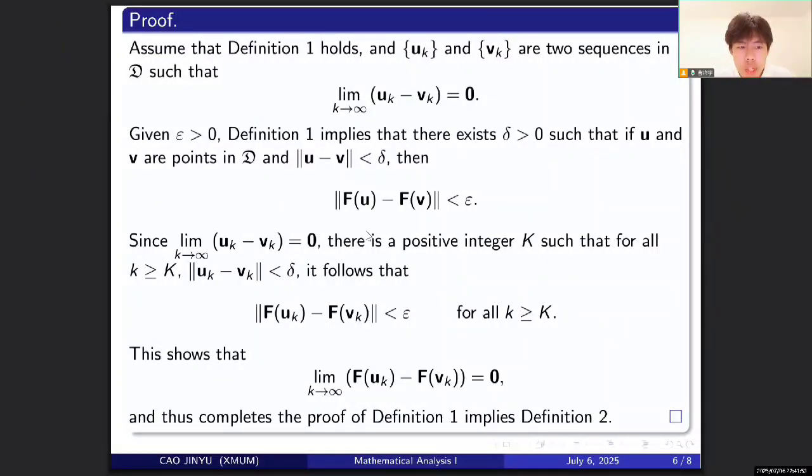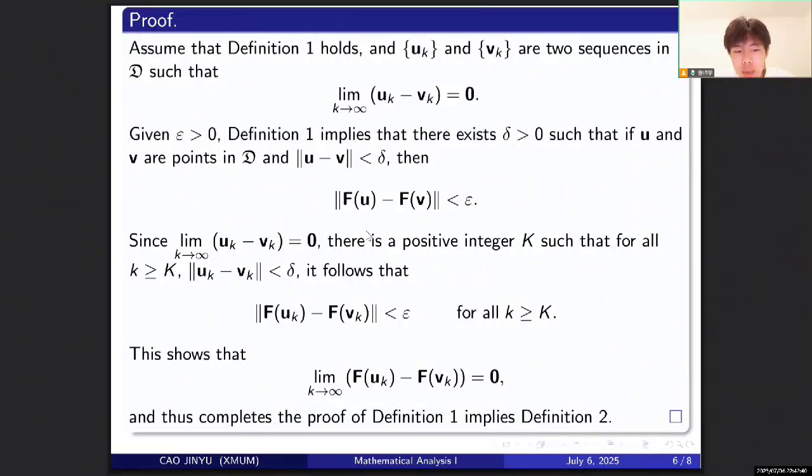Based on the condition which says the limit of uk minus vk as k approaches infinity is the zero vector, we obtain that there is a positive integer capital K such that for all k greater than or equal to K, the norm of uk minus vk is less than delta, and then it deduces that the norm of f(uk) minus f(vk) is less than epsilon, for all k greater than or equal to K. So by the definition of the limit, this shows that the limit of f(uk) minus f(vk) as k approaches infinity is the zero vector.